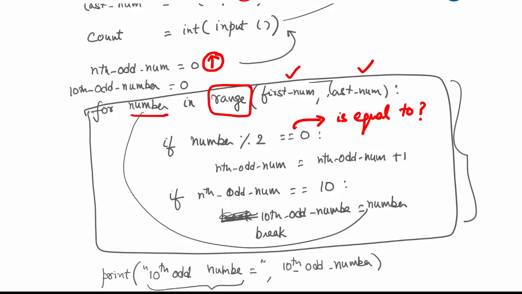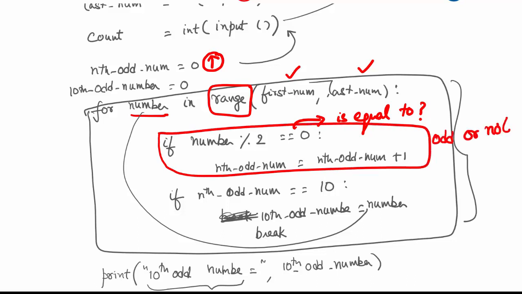And then within the loop, we have a reference to each of the numbers, number 1, number 2, number 3, with every iteration. If number % 2 equals 0, so this is where we verify if the number is odd or not. If it is odd, increment the count, meaning we are hitting the first odd number, the second odd number, the third odd number, and so on.